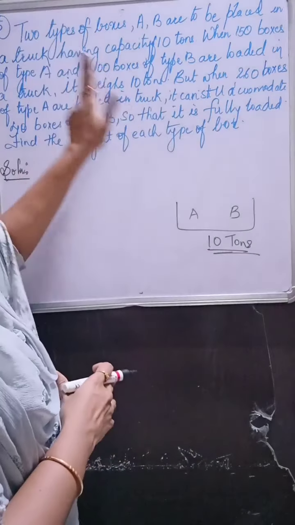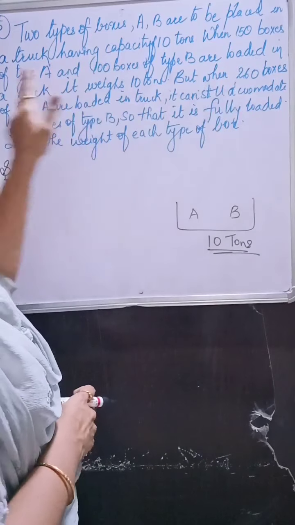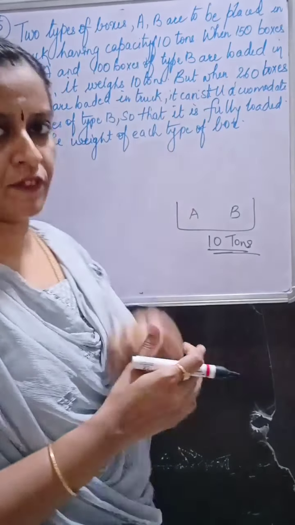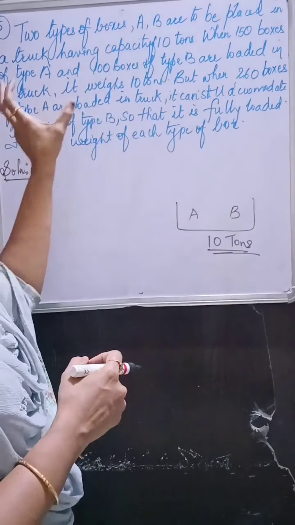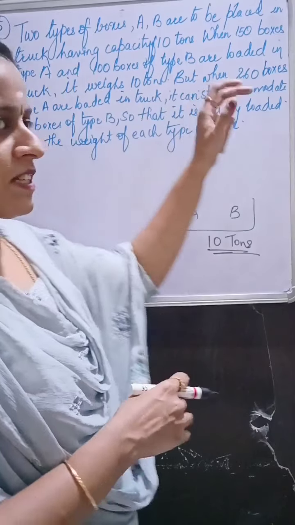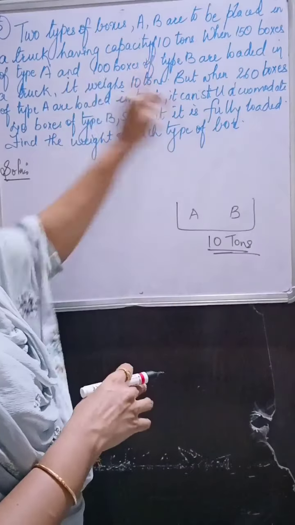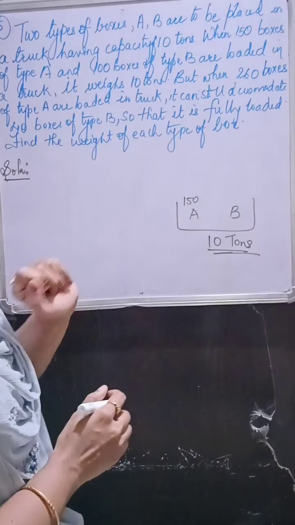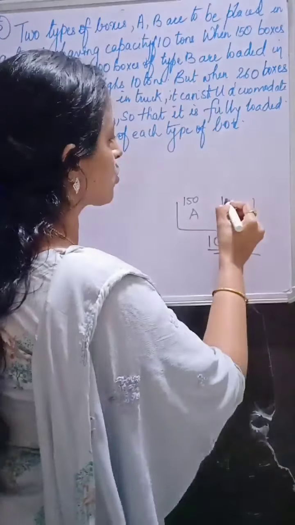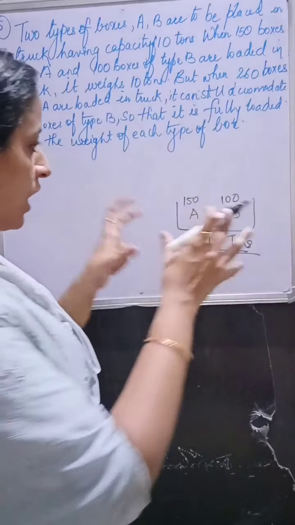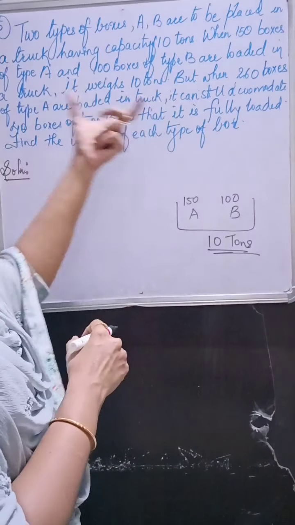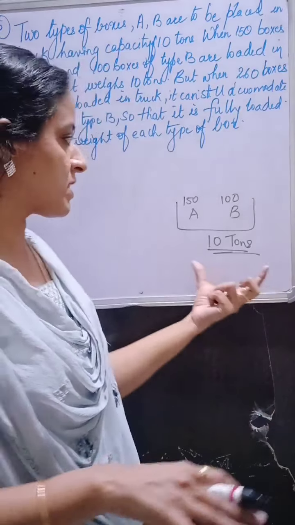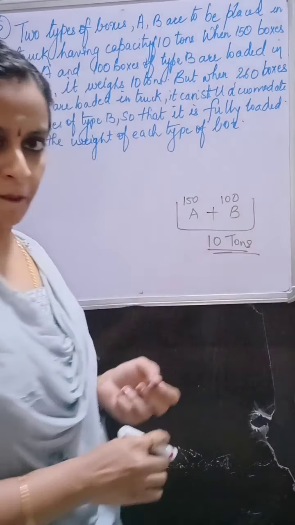Okay, understood. When 150 boxes of type A and 100 boxes of type B are loaded in a truck, it weighs 10 ton. Again I read, when 150 boxes of type A and 100 boxes of type B are loaded, then it weighs 10 ton. Then the truck completes its full capacity, that is 10 ton.